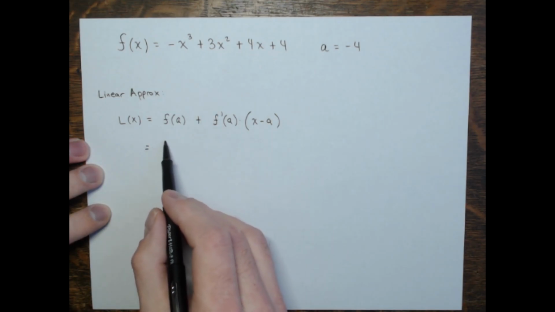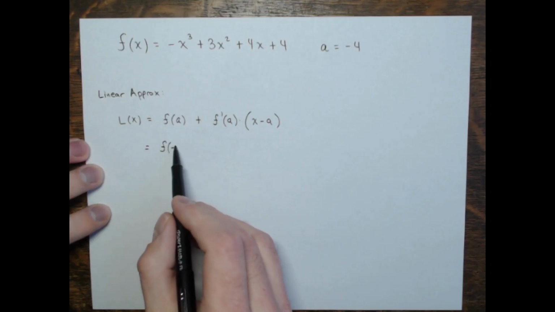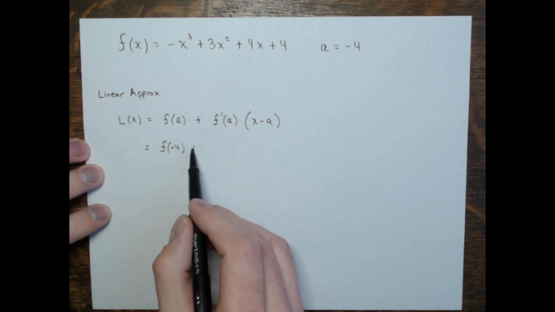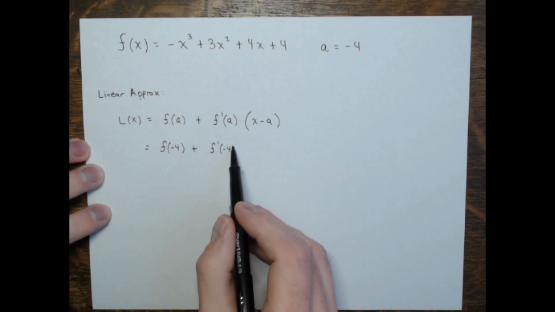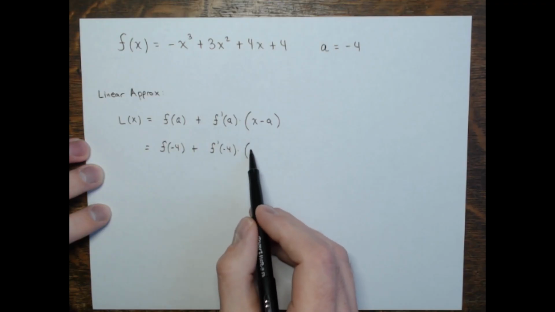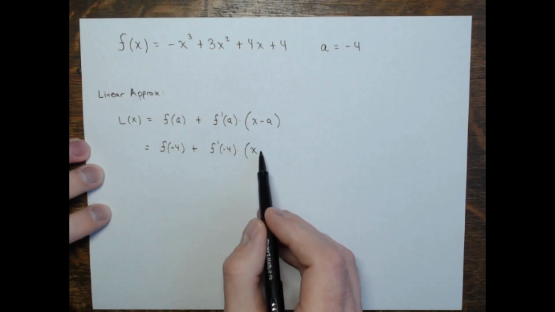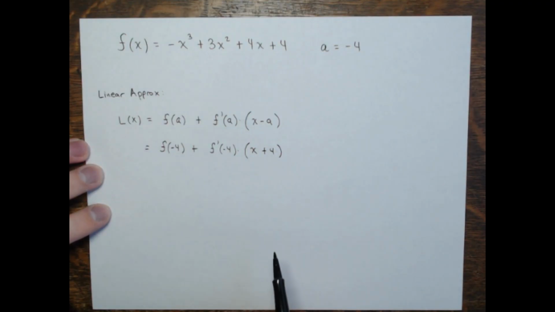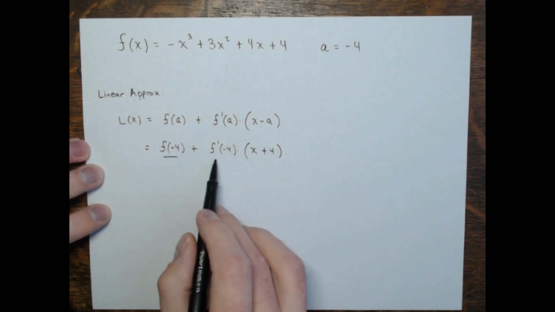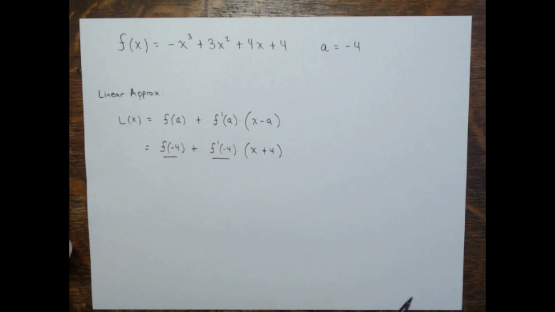So here, that would be the value of f at negative 4 plus the value of f prime at negative 4 times the quantity x minus negative 4, which becomes x plus 4. So I just need these two things and pop those in.